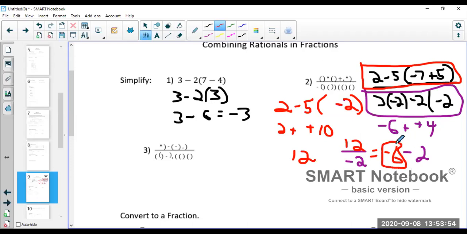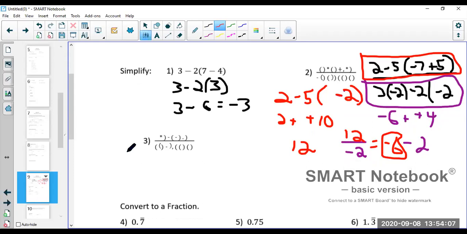So that's the key when we're combining rationals and fractions. When we have one like this, we do the top first, get an answer, do the bottom second, and get an answer. Okay, so we'll do another example right here.